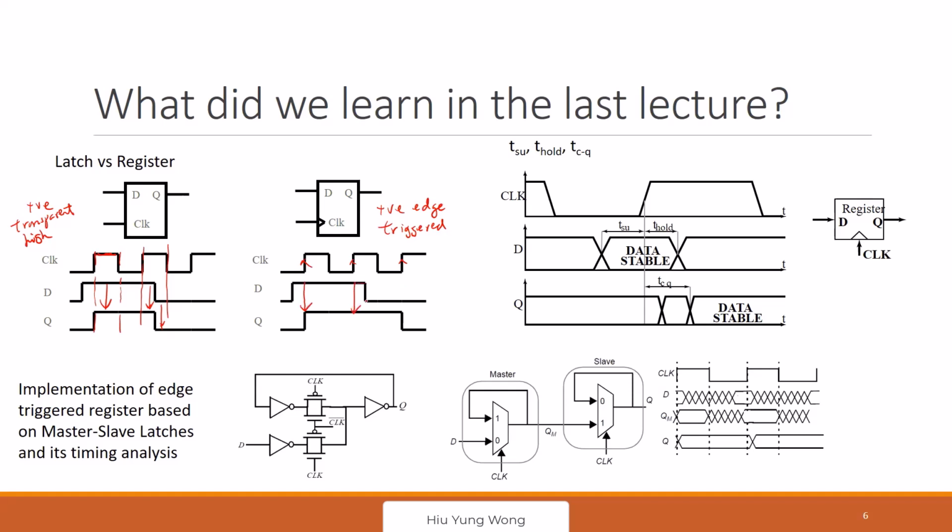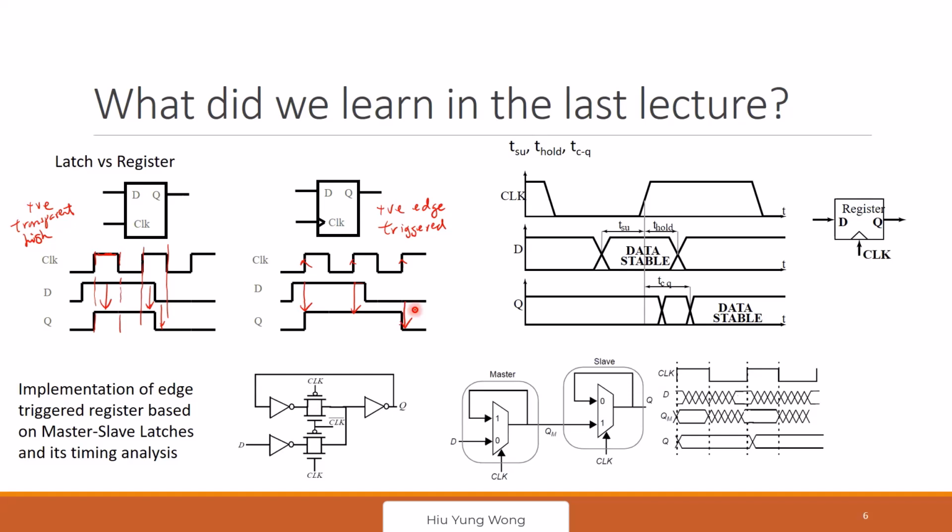When the data becomes 0, because there's no edge trigger, it has no action until here. When it has an edge trigger, then it is copied. So that is the difference between latch and register. Not too difficult, but don't make mistakes, because sometimes I still see students make the mistake. For this fundamental thing, leave no room for mistake.